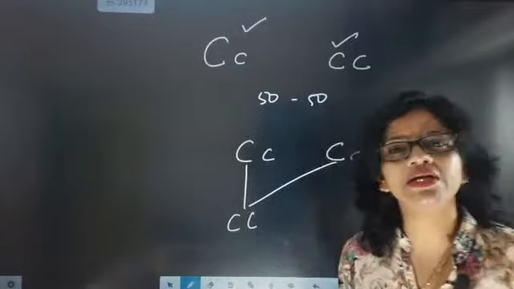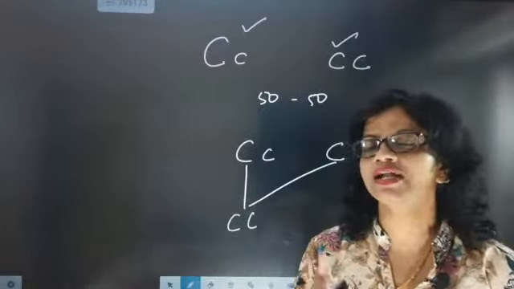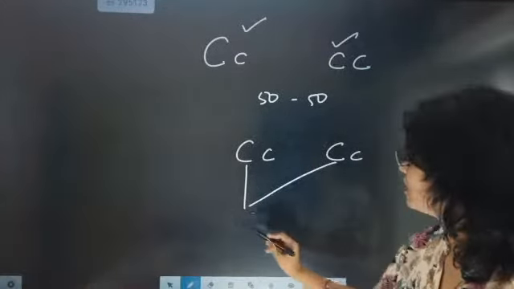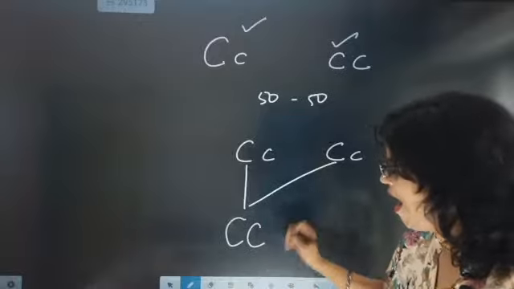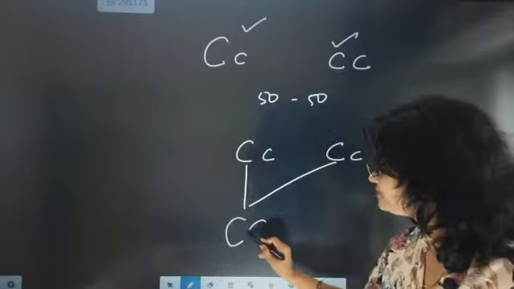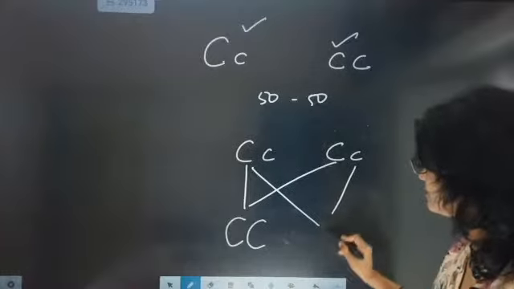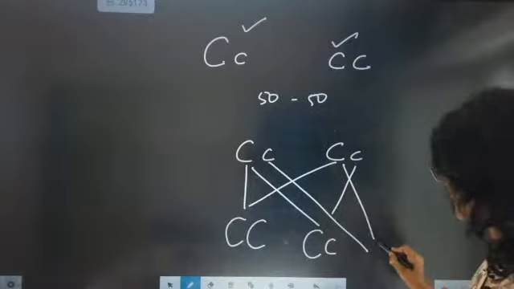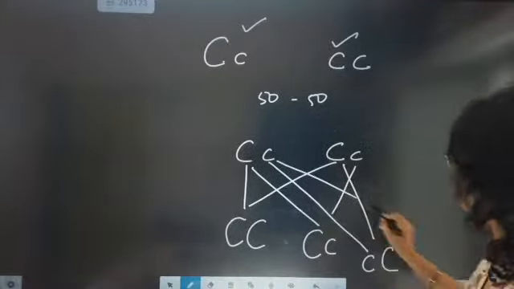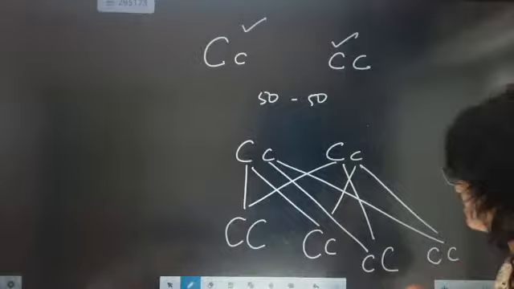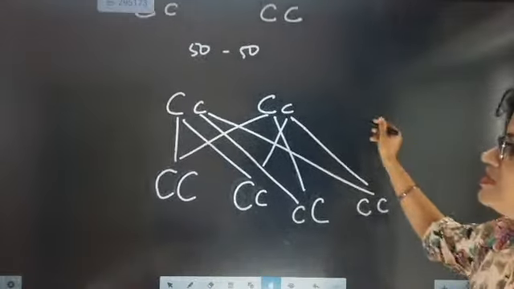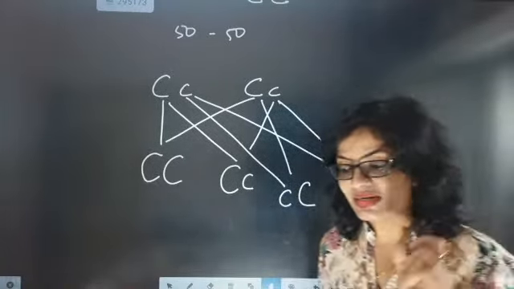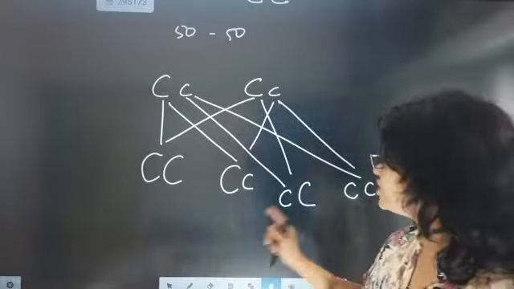So when a character is picked now, that character may be pure or hybrid. Now look here. We have learned a very important lesson here, that curly hair will be seen in 3 children.